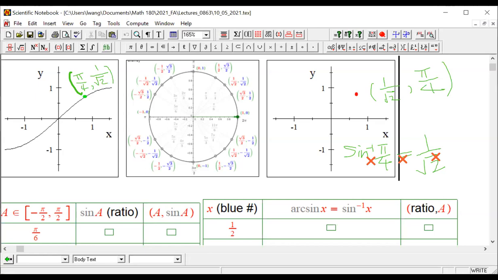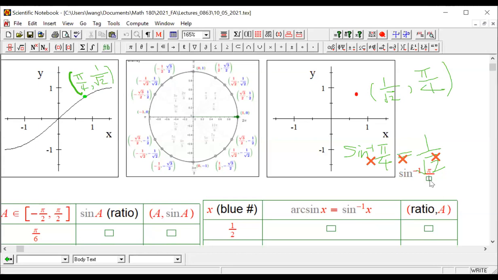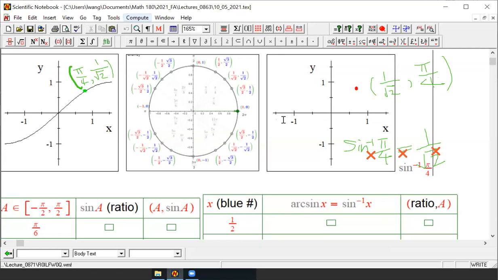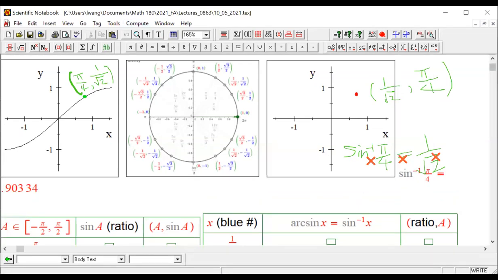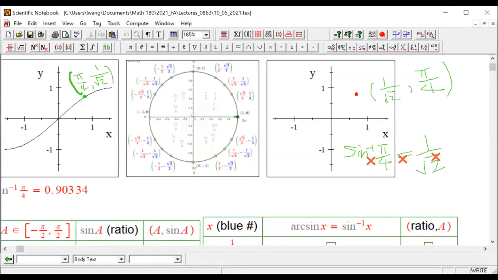And also, sine inverse of pi over 4 is not going to equal 1 over root 2. That's another fatal mistake, right? So let's see what sine inverse of pi over 4 equals, and I'm going to give you my explanation. The calculator will give you an answer.